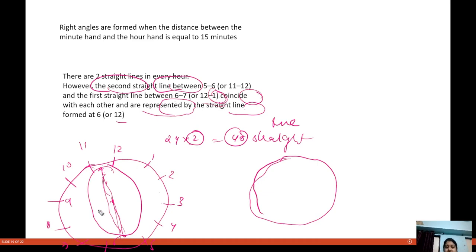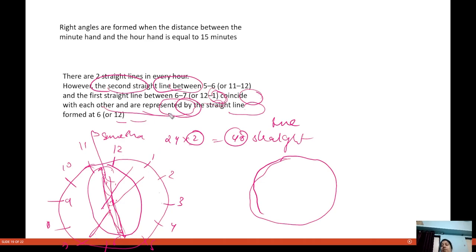This 5 and 6 straight line will be like this, and this 11 and 12 straight line will be like this. So this is exactly the same straight line. And similarly the first straight line between 6 and 7 will be this way, and the straight line between 12 and 1 will also coincide.